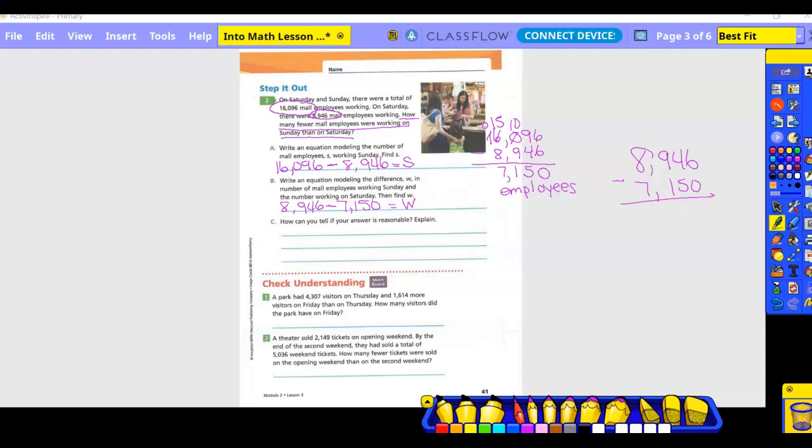So what is 6 minus 0? 6. Can I take 5 from 4? No. So this is 14 and this is 8. 14 minus 5 is 9. 8 minus 1 is 7 and 1. So it'd be 1,796 employees.